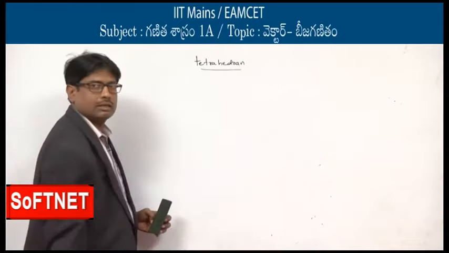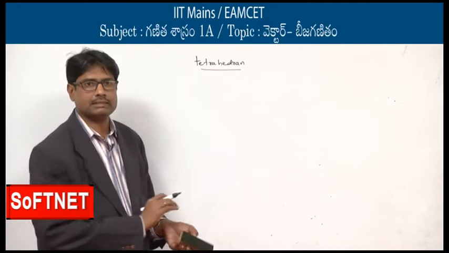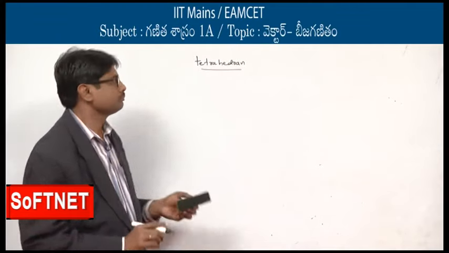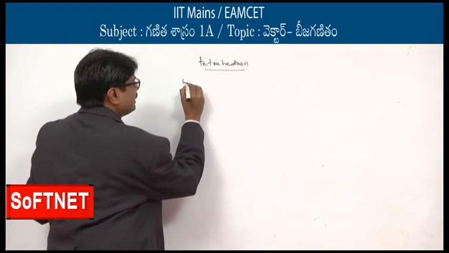Tetrahedron. Consider a tetrahedron with vertices A, B, C, D. Let O again be the origin.